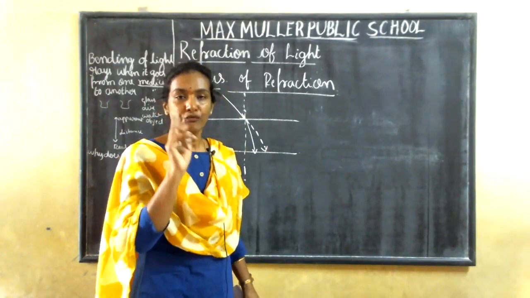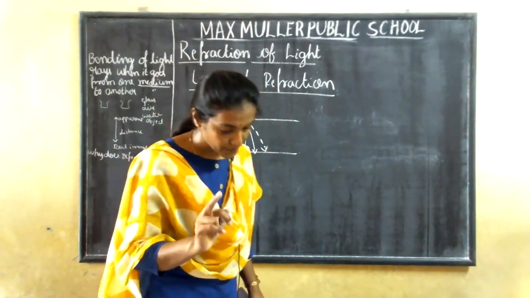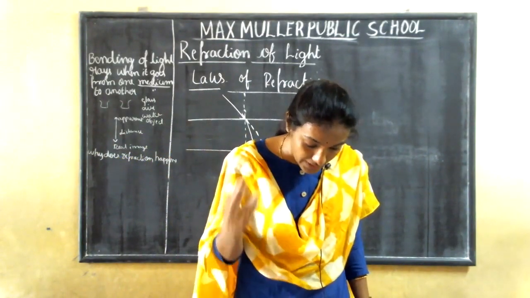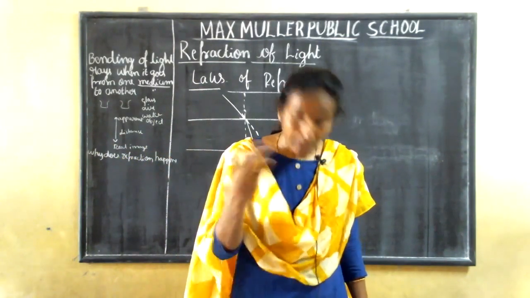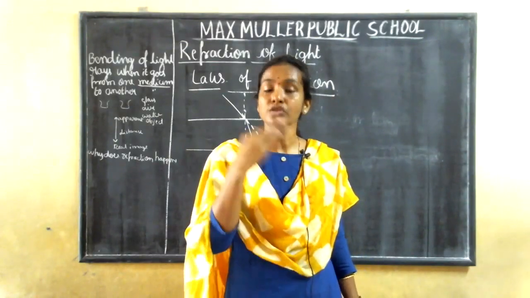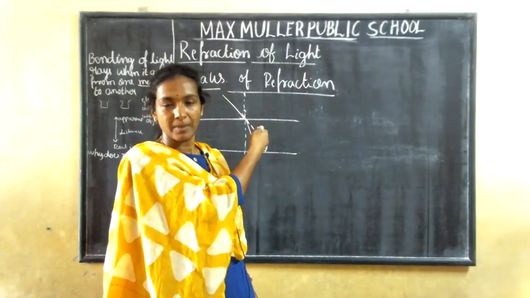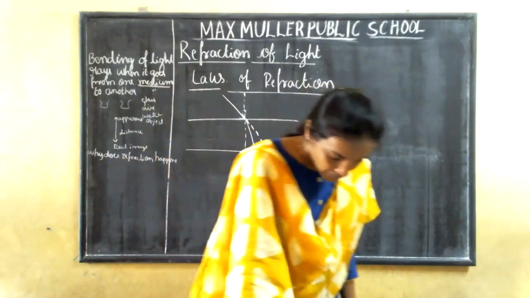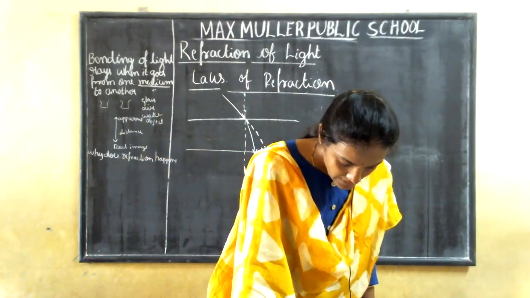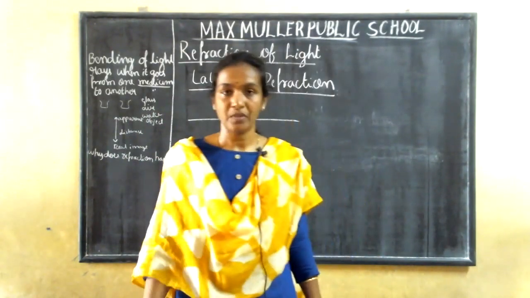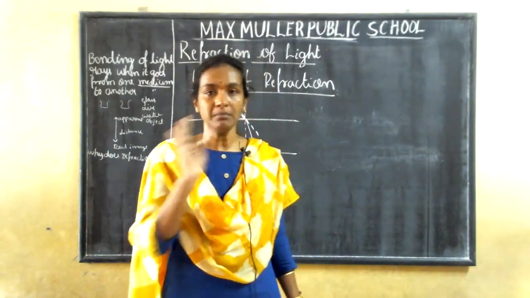Clear? That is the first law. The incident ray, the refracted ray, and the normal ray at the interface of two transparent media. I have taken the example of air and a glass medium. So the media and the point of incidence all lie in the same plane.